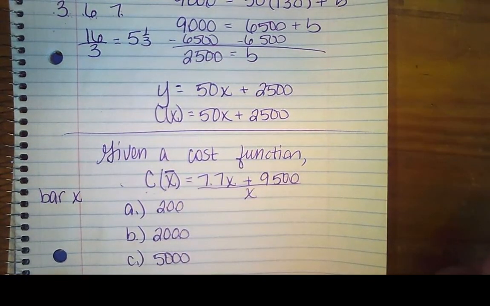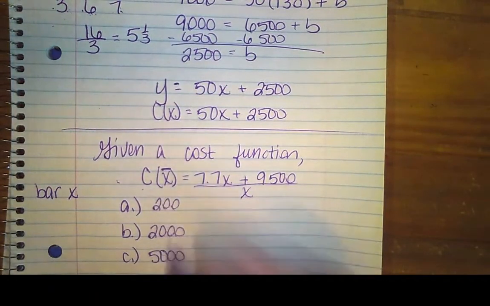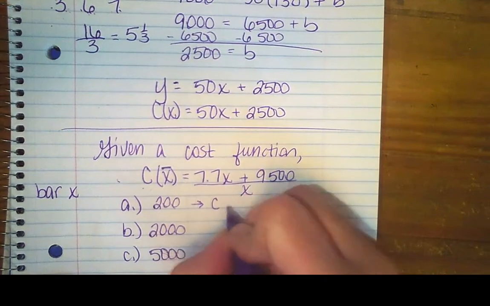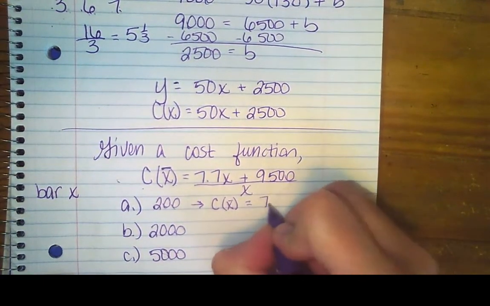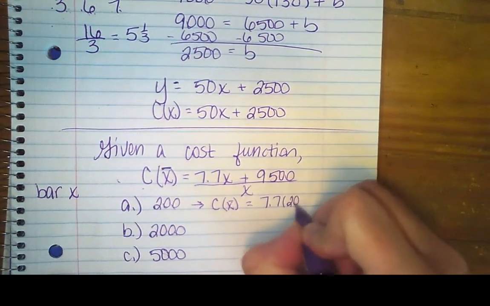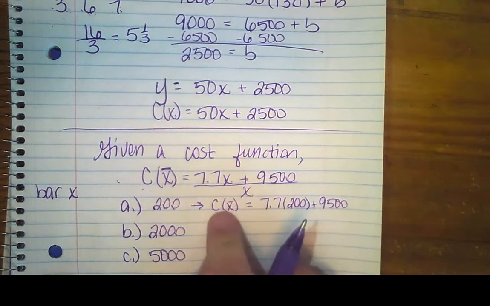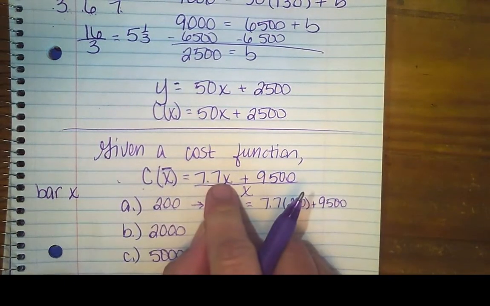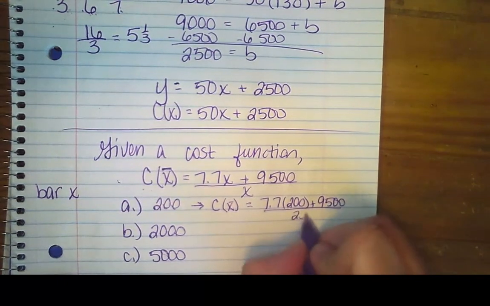So to find the average cost function, C bar x equals 7.7 times 200 plus 9,500. All I did was shove that 200 in for x, but the new part is I need to divide my answer by 200.